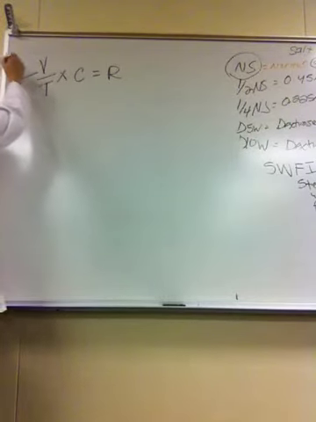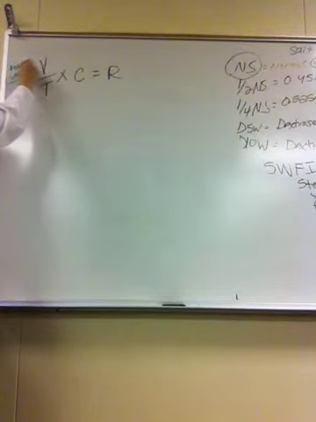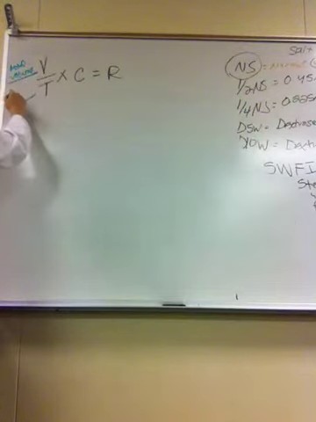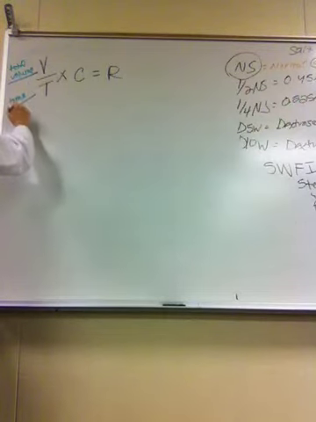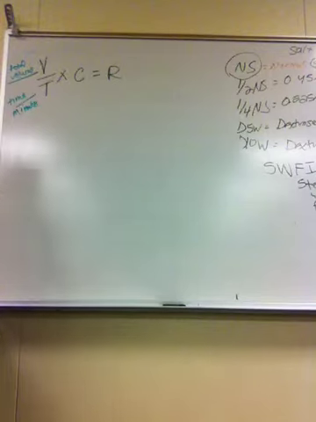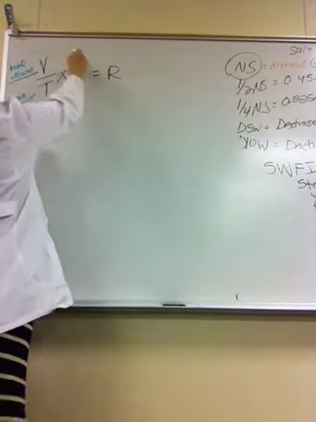V means total volume. T means time. Whatever it is, you need to put your time in minutes, because flow rates are usually written in hours. So change your time to minutes.